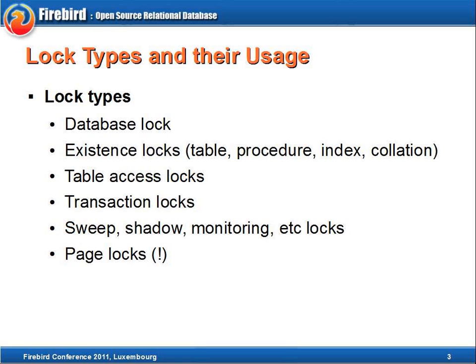But the most important lock type is the page lock. Every database page has a corresponding lock in the lock table, which allows different Classic processes to share the database file.